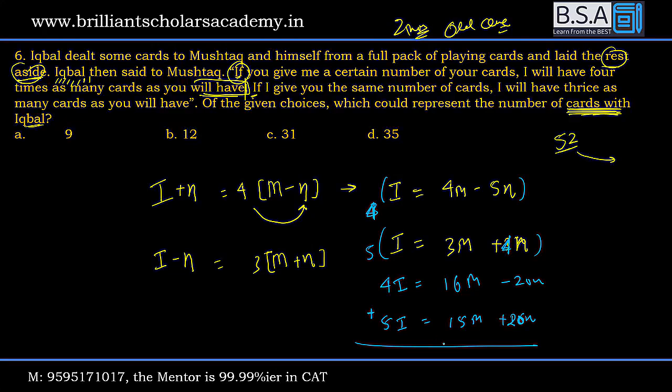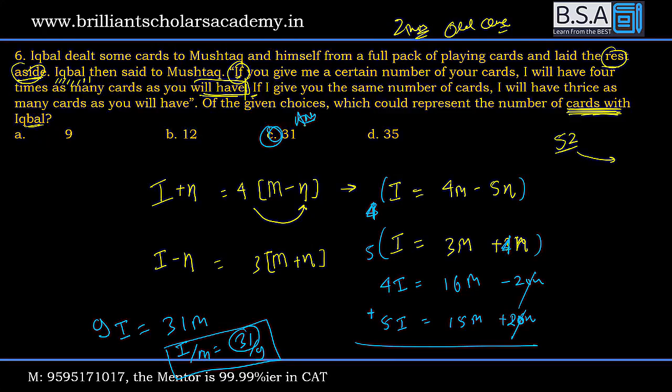Now you see, by adding, it's cancelled out. So what I have is 9i is equal to 31m. That means I upon m is 31 upon 9. So the value of I must be a multiple of 31. Answer option C. Yes, I've corrected that.